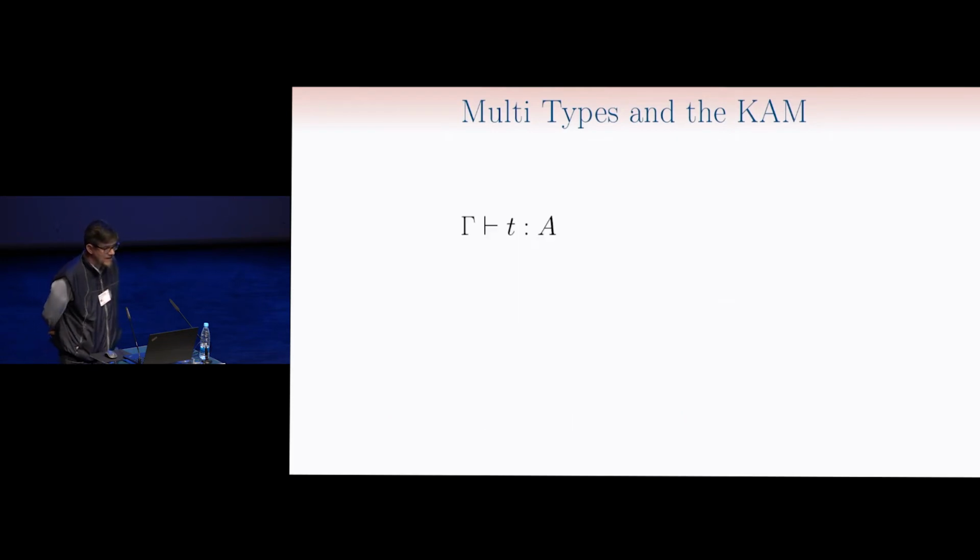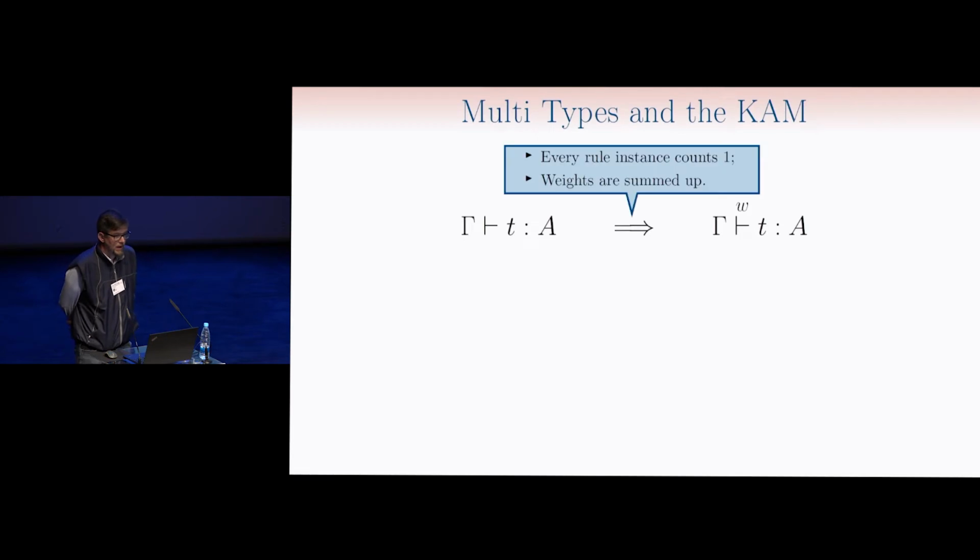And indeed, you can even go beyond that and label your typing judgments with a weight, which tells you better how many rule instances you find in your type derivation, roughly speaking. Weights are just summed up along the type derivation.